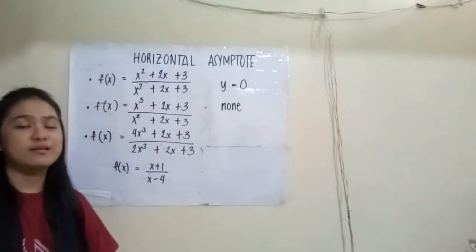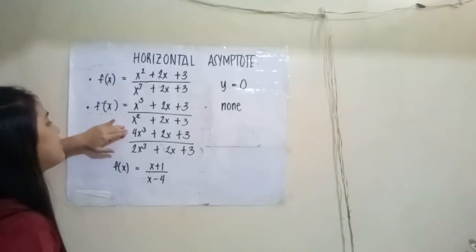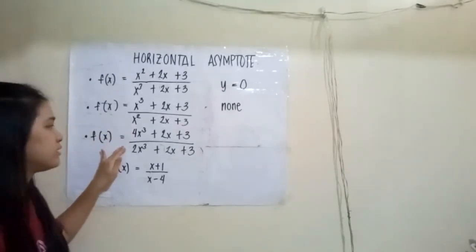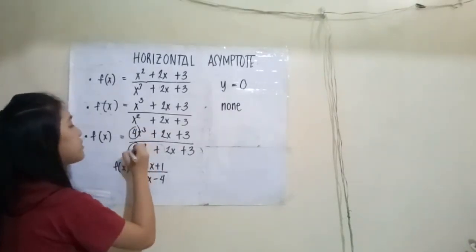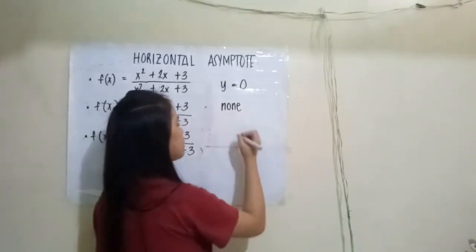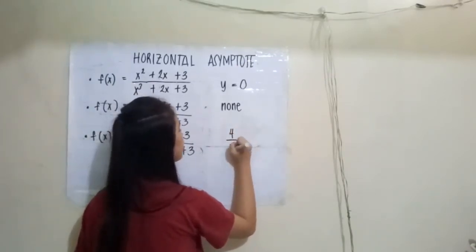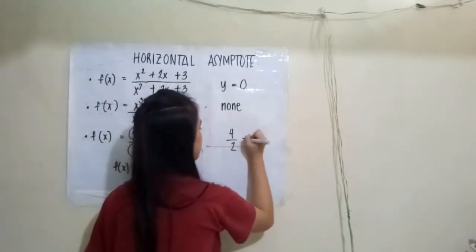Our third condition is that if the largest degree of the denominator is the same as the largest degree of the numerator, then we will divide the leading coefficients of the numerator and the denominator.